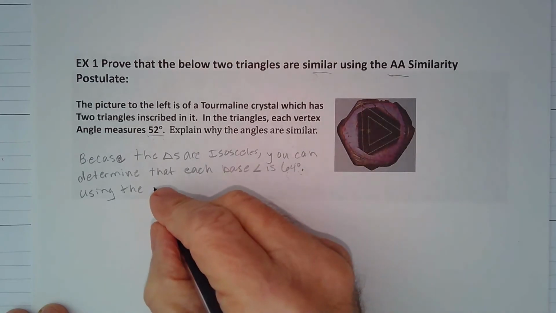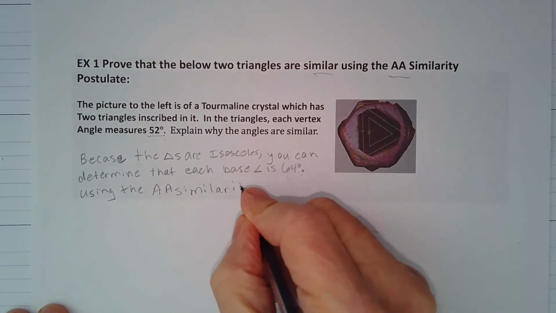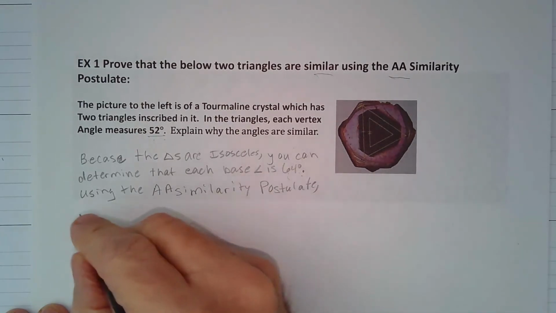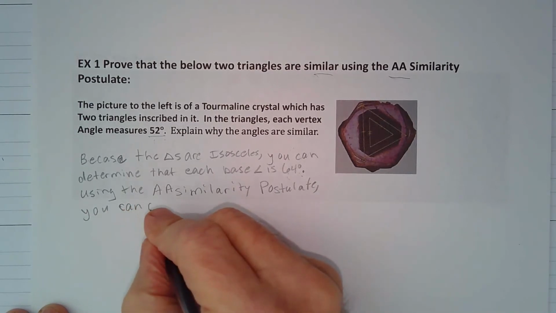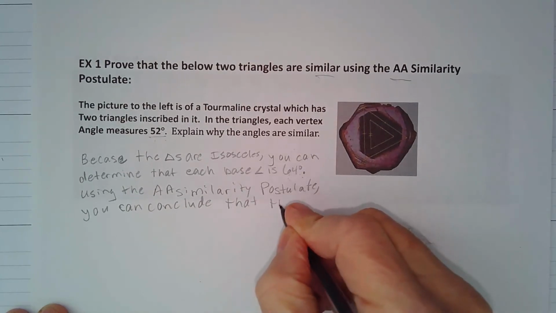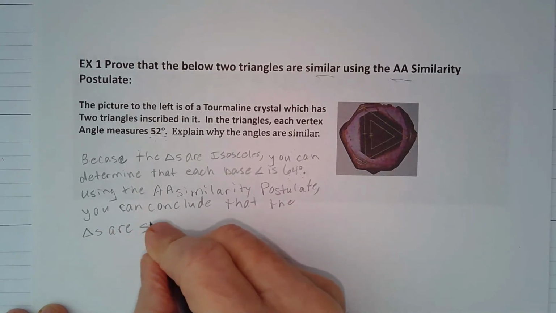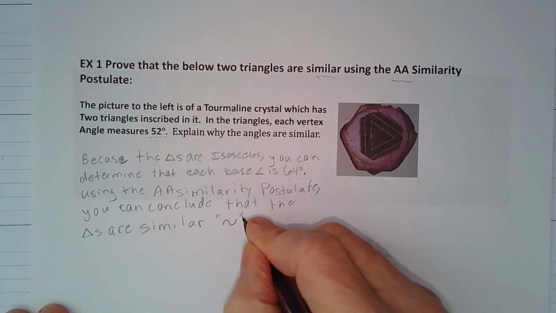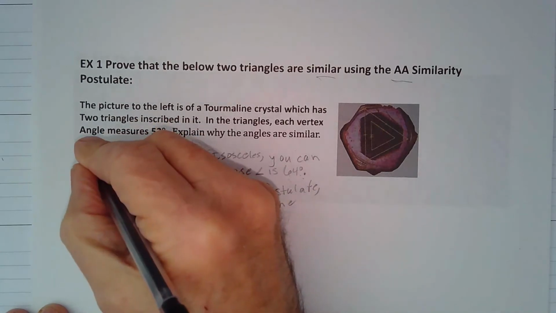So again, using the angle-angle similarity postulate, you can conclude that the triangles are similar. I'm going to use not only the word similar, but the notation symbol, which is this, means similar. So that would be our paragraph proof.